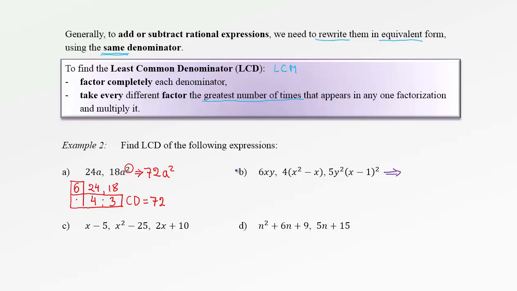Well, if I want to use the L method, I can list my 6, 4, and 5, and the method works like this. I am looking for a common factor for all three of them, but in this case there isn't any. So my second question is, do I have a common factor for at least two of those numbers?